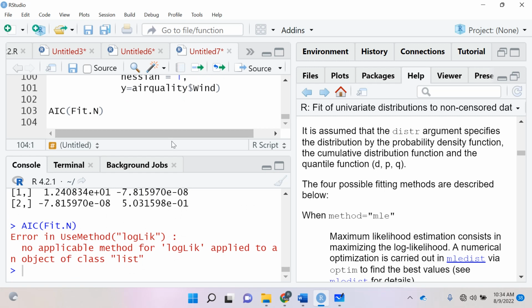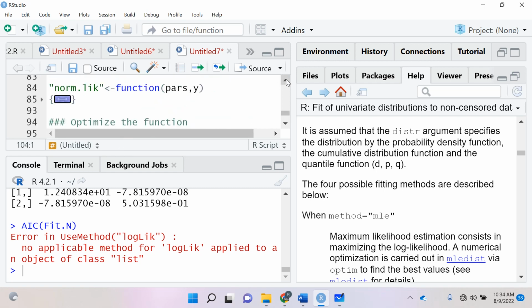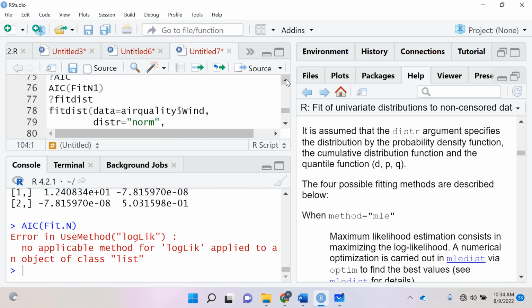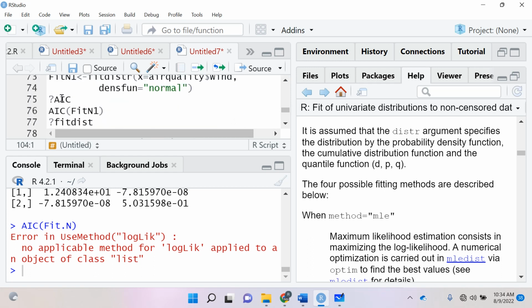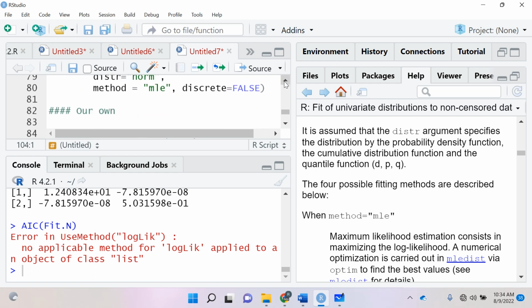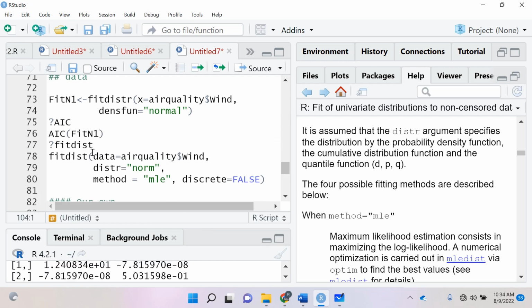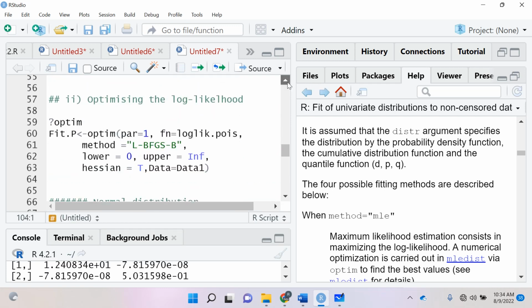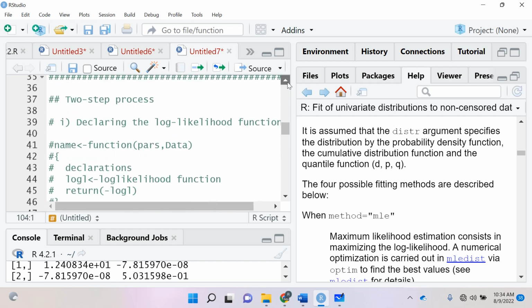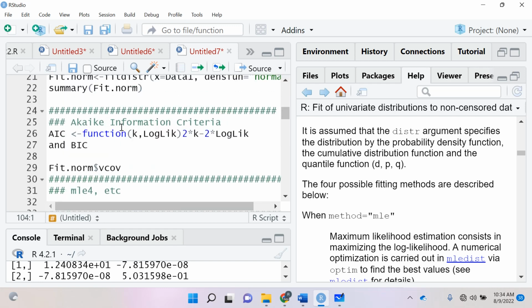Okay, so in this case, we have to use our own AIC that we did, because we wrote our own function. So the AIC, where is my AIC function? If I want to use that one, because I wrote something. Yeah, there it is.